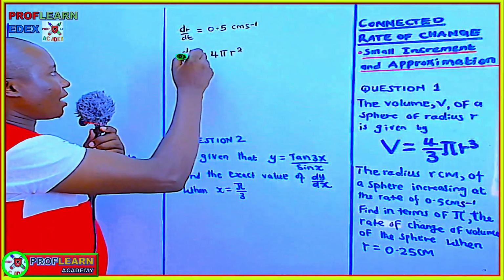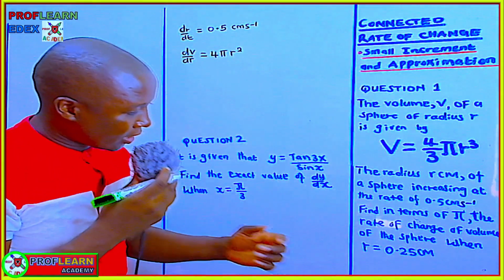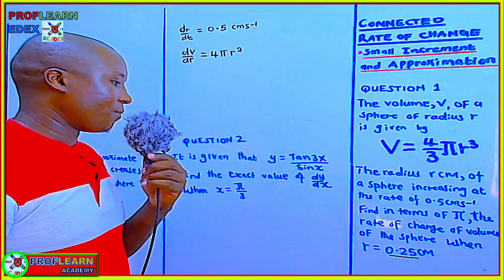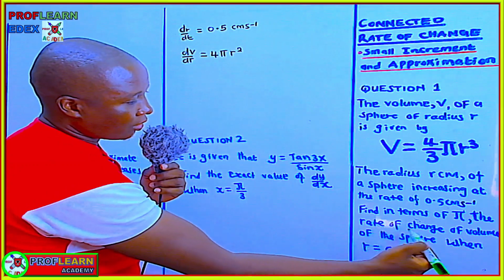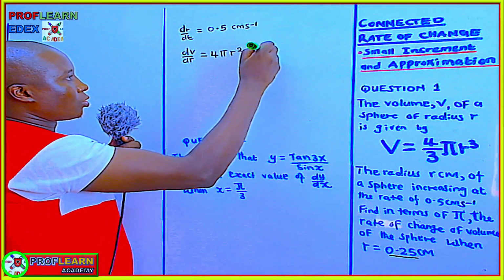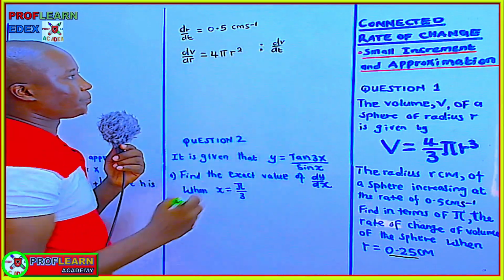So we have our dv dr. But we are told we're working out our value when r is 0.25, and we need to find the rate of change of volume, meaning we are trying to work out dv dt.